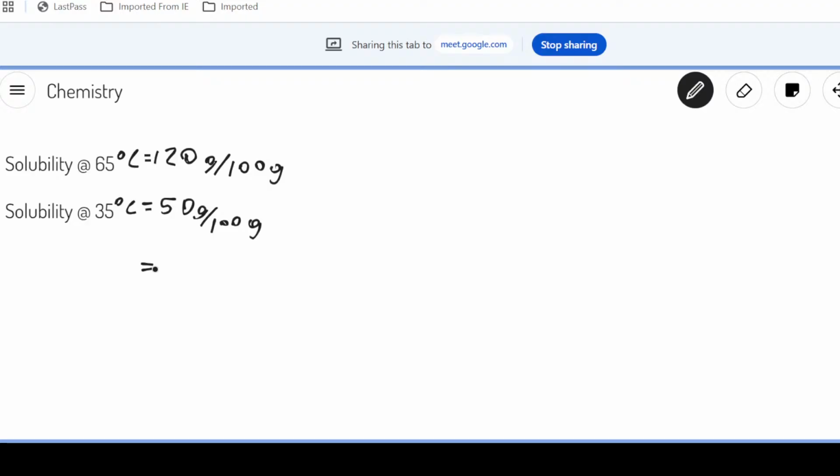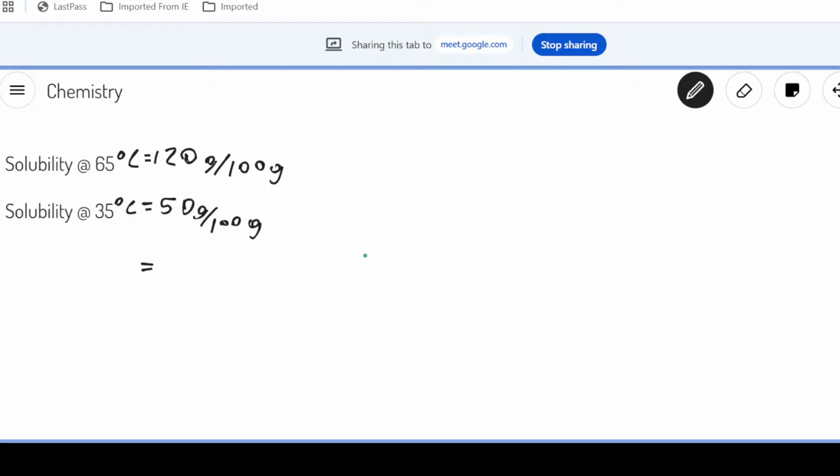If they're asking you to determine the amount that will be precipitated out, you look at the solubilities at the different temperatures and just subtract. That's how you determine how much will precipitate out.